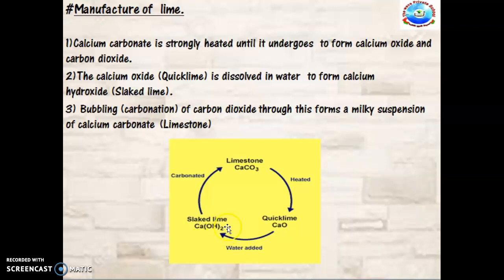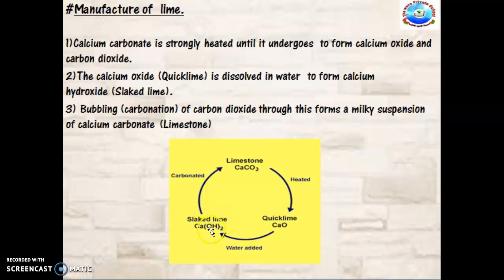So see students, when limestone, that is calcium carbonate, is strongly heated, it is converted into calcium oxide. And when calcium oxide is dissolved in water, it forms calcium hydroxide, that is called slaked lime.